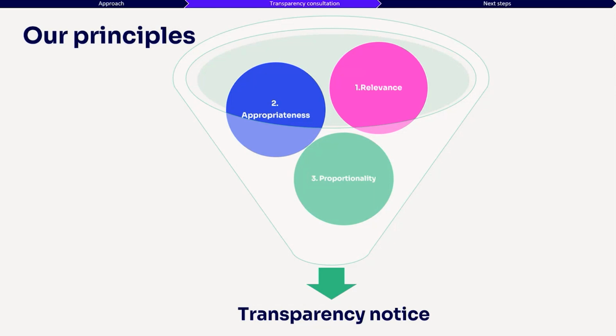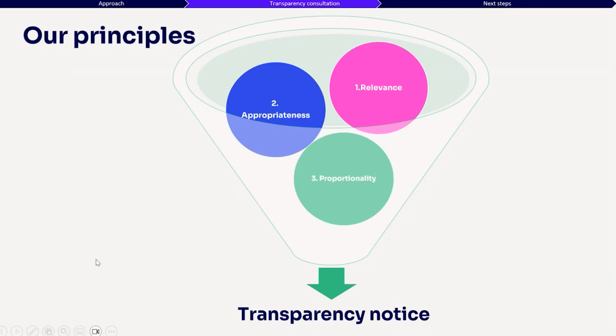Firstly, we're going to use these principles to make sure the information we request in notices is particularly relevant to the service in question, that it's appropriate to ask for in the circumstances, and as with all our work, we will look to act proportionately when making decisions. So considering what information is necessary to help us meet our aims, but also having regard to the different challenges that providers might face when they are producing and publishing information.